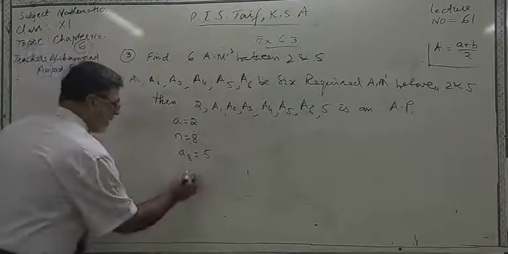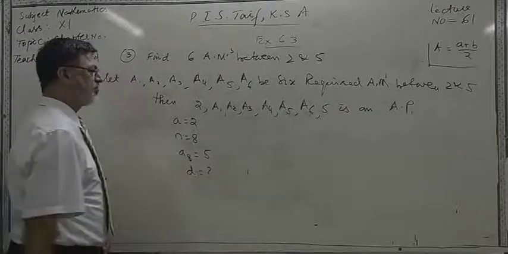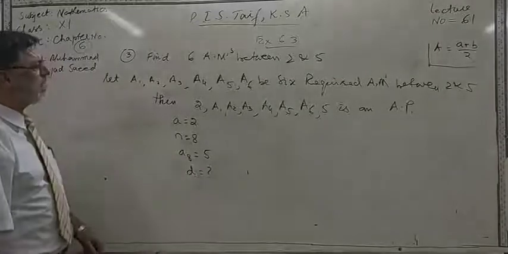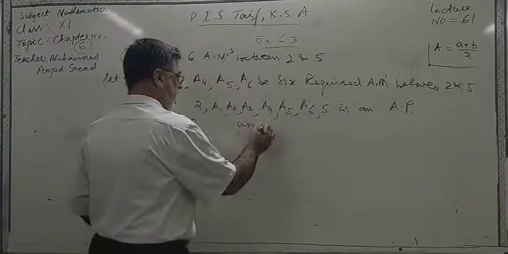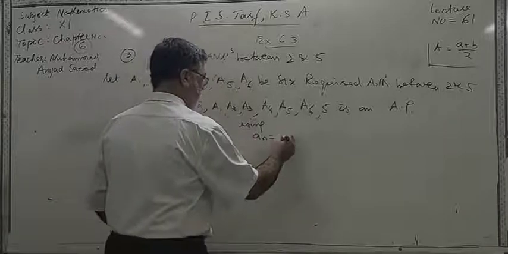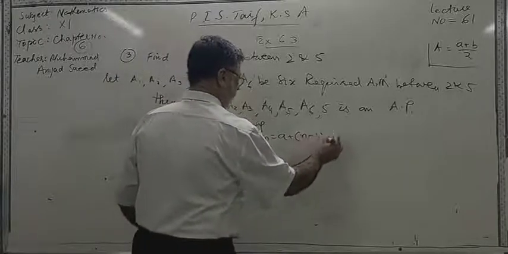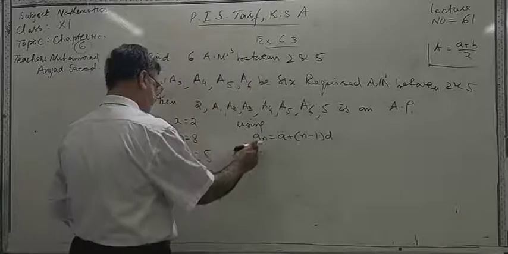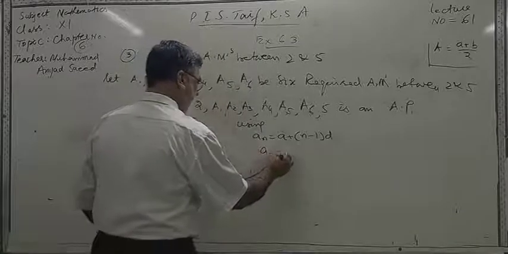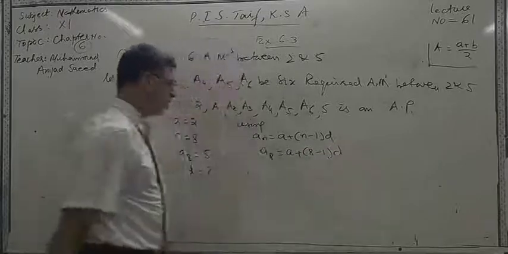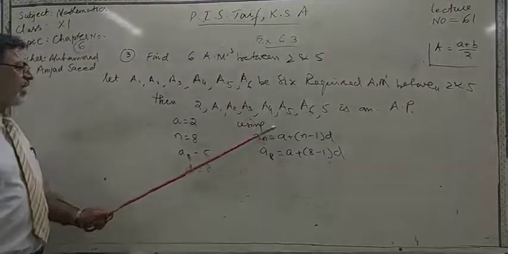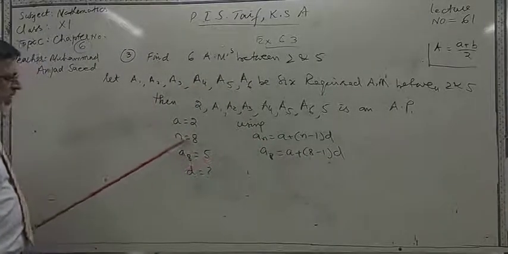So we have to find d. Using the general formula for the nth term of an arithmetic progression, an is equal to a plus (n minus 1) into d. So a8 is equal to a plus (8 minus 1) into d. Use the value of n as 8 here.